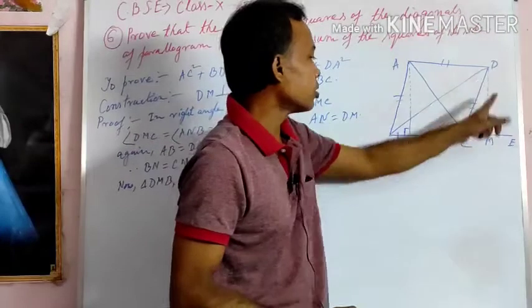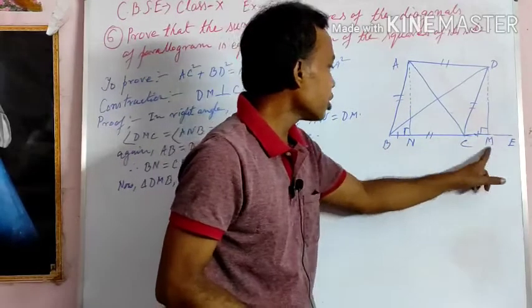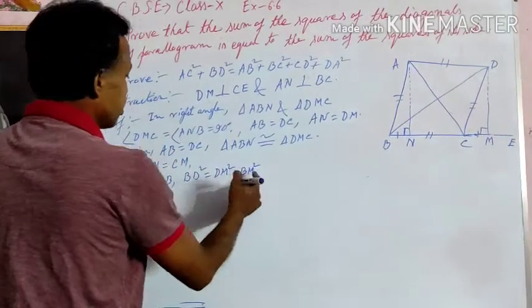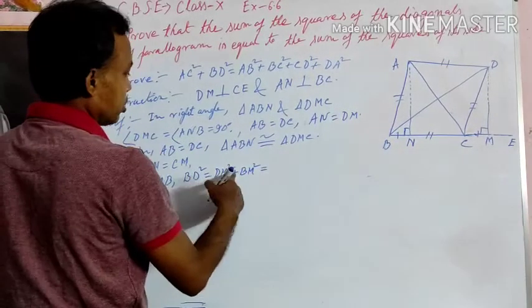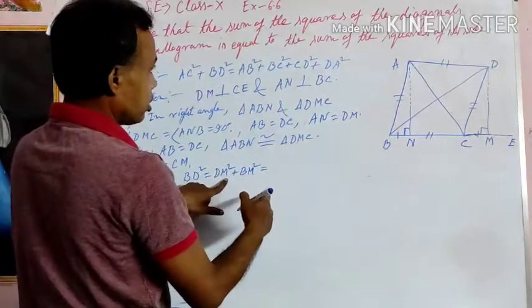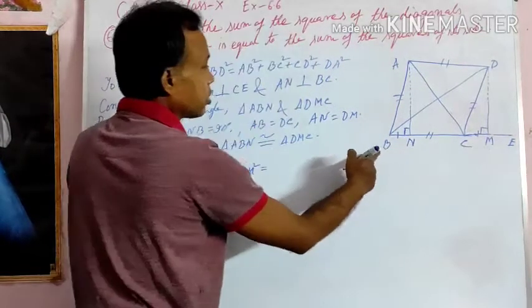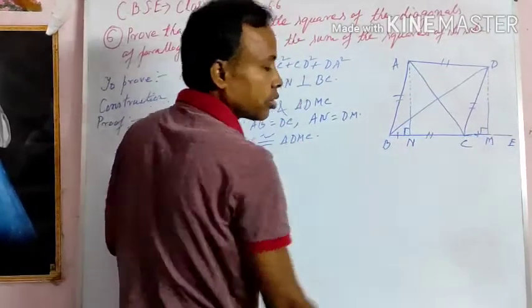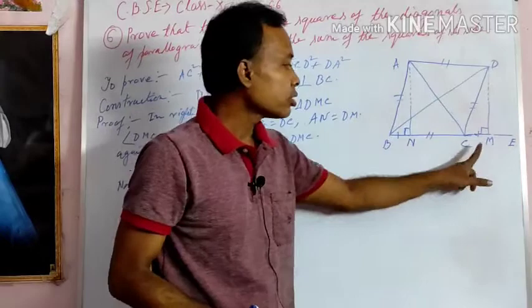BD square is equal to DM square plus BM square, according to Pythagoras theorem. Now BM is equal to what? BM is equal to BC plus CM.